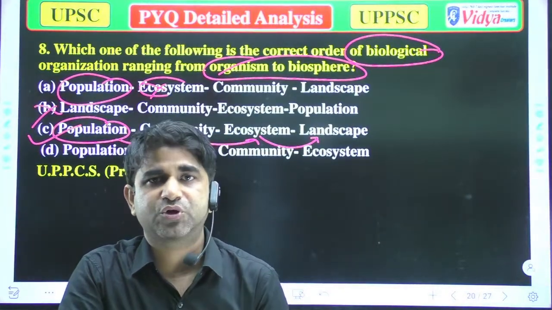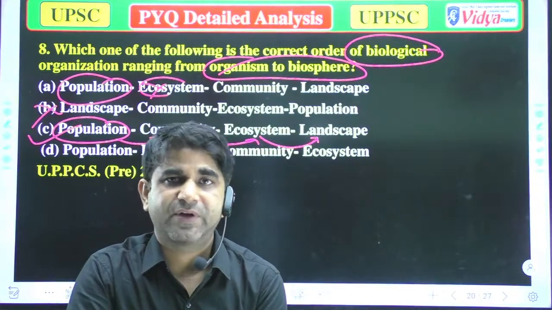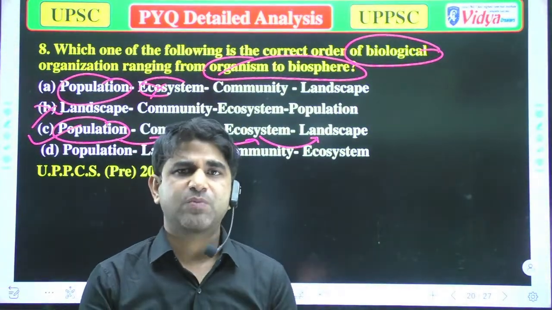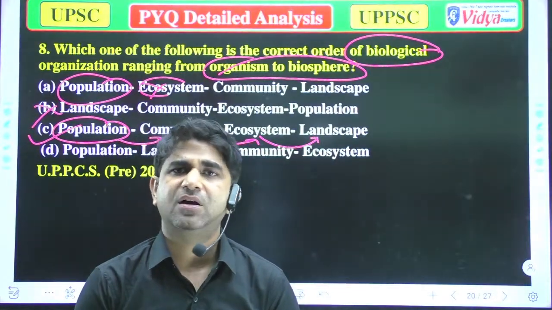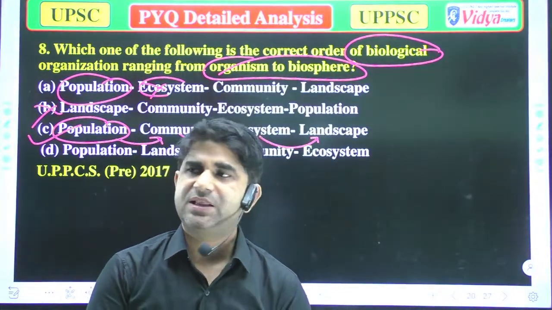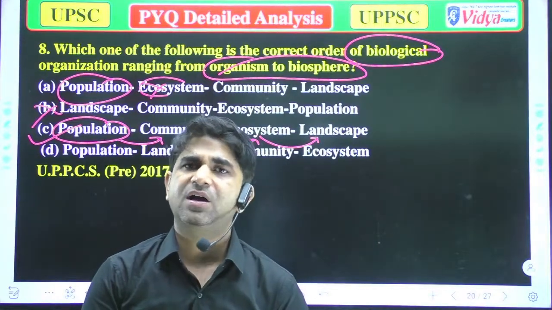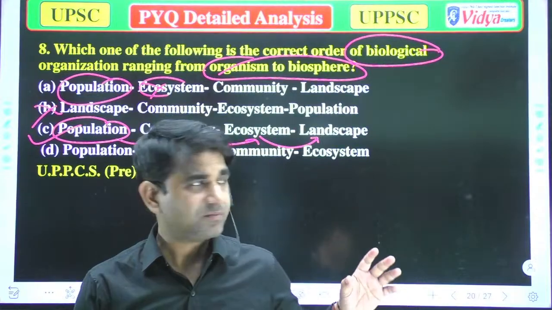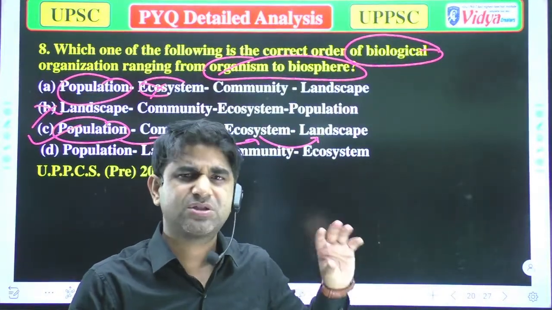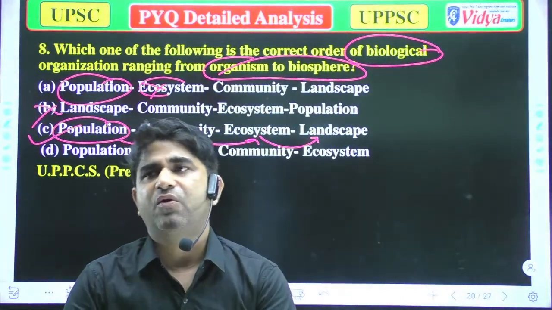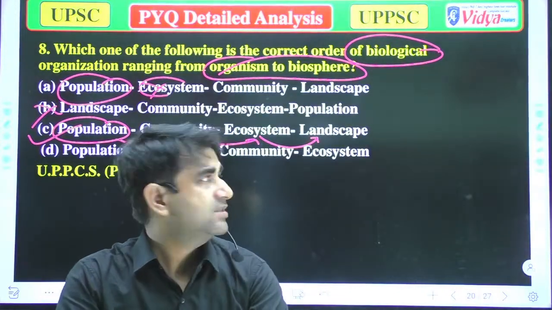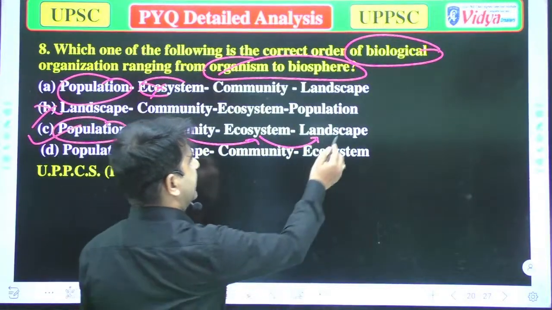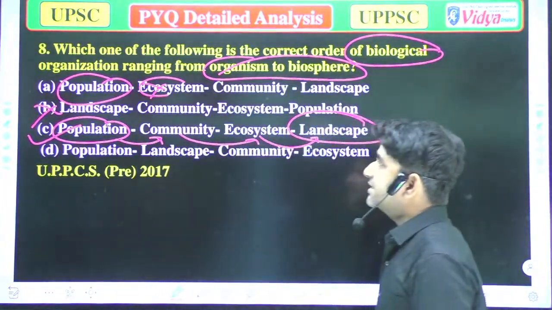When there is a huge population of living organisms, they make a community, and there are various communities, so they will interact with each other and make a small ecosystem, and various ecosystems work together to provide a landscape. So only option C is correct.